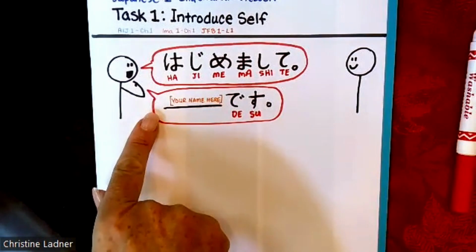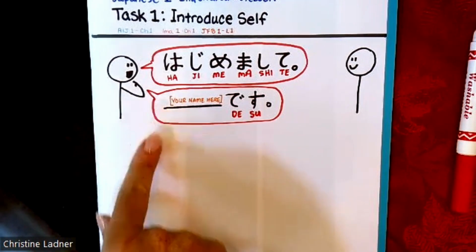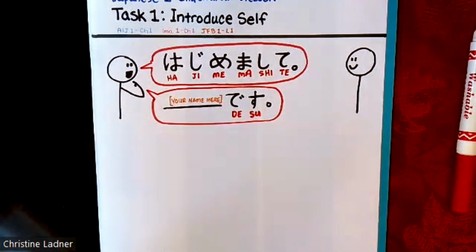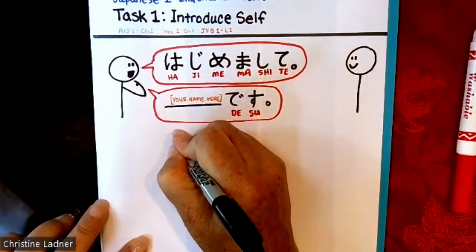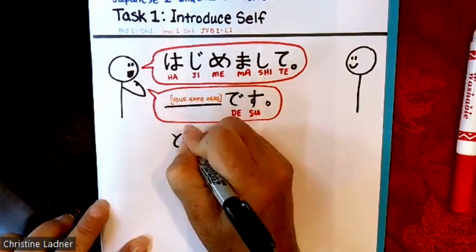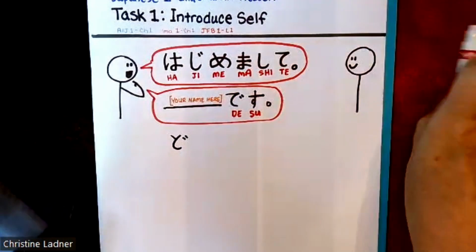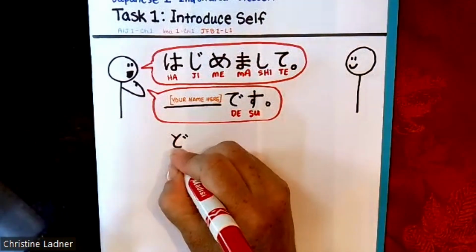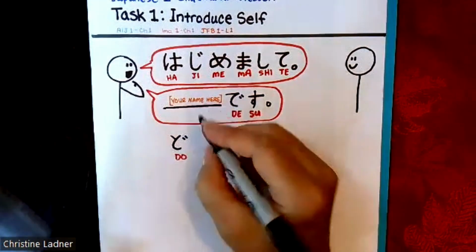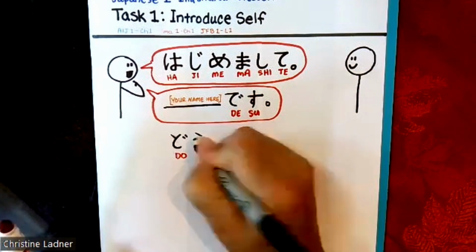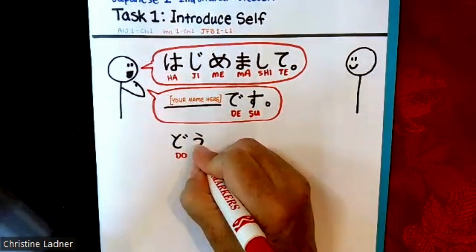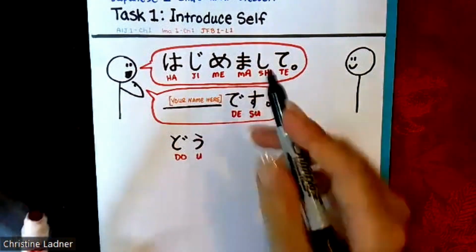Hajimemashite. Your name desu. Douzo yoroshiku. Do is like a thorn in your toe with 2 dots. Do. Diagonal, U, big curve, do. Zo.